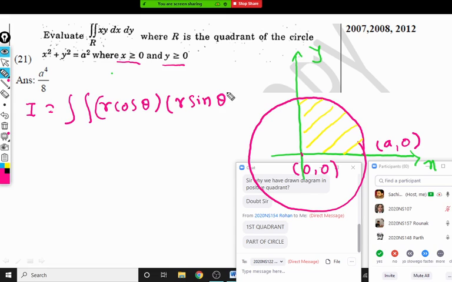And dx dy? r dr d theta. Limits of r now. Limits of r. The strip is along a radius.